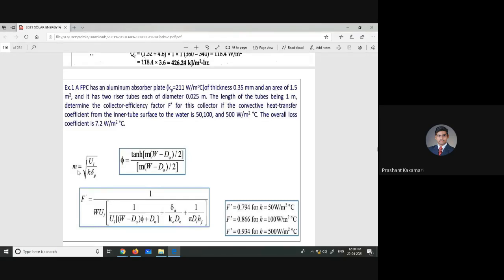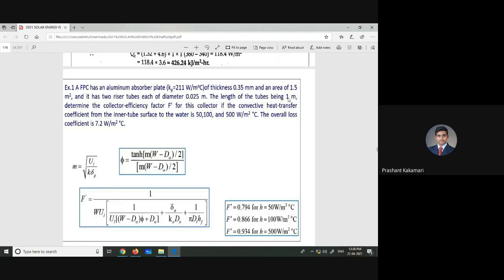Using this constant value in the efficiency of the fin, we can find out the efficiency of the fin. Okay. So the efficiency of the given fin for this M value, diameter outside is given. Width of the plate, so width of the plate also you can just check.